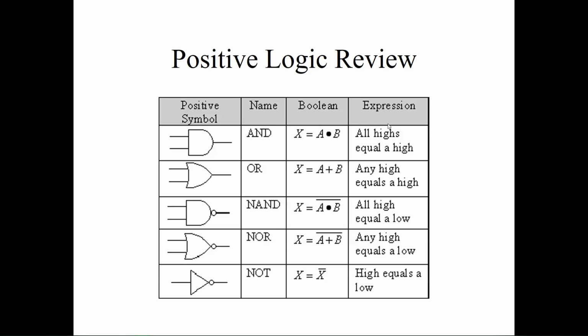So for AND logic, you have to have two or more inputs that have come together to get an output. You have to have two inputs that are good to get an output. With OR logic, any high or any signal is a good signal.